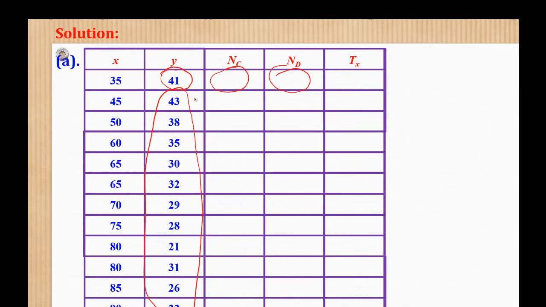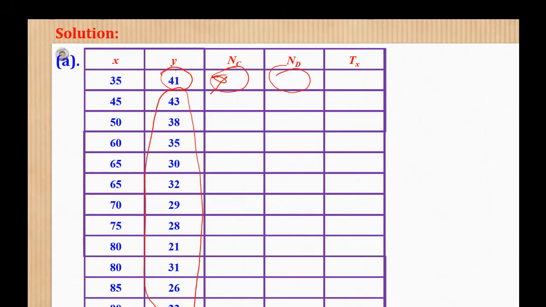After knowing that, what do you do? All values below here, I'm going to count how many are above 41. That's what I write here in number of pairs in agreement. And how many are smaller than 41?